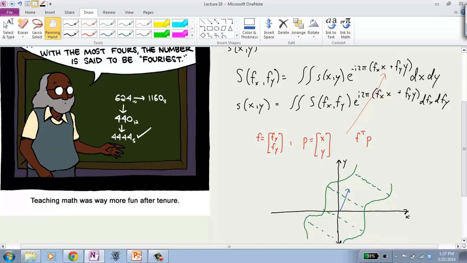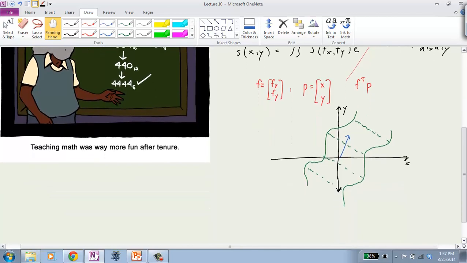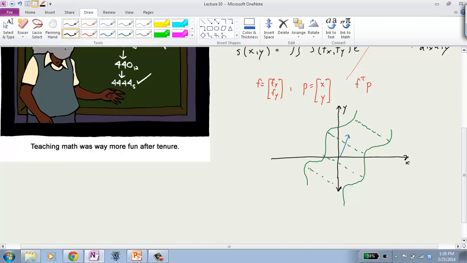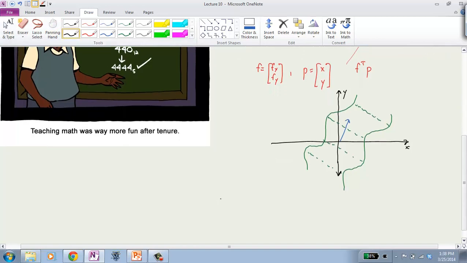Okay, now another nice way to think about the 2-dimensional Fourier transform is that if I rewrite it here, I can rewrite it as S of fx fy, and I can do one of the integrals first.